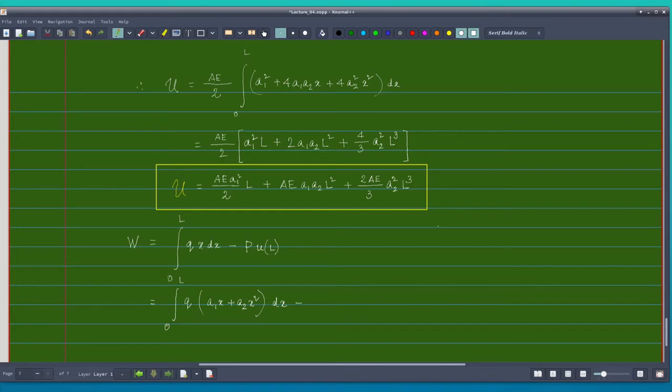UL, let me write it here. UL is A1L plus A2L square, right? So this will give me minus P A1L minus P A2L square. Okay.